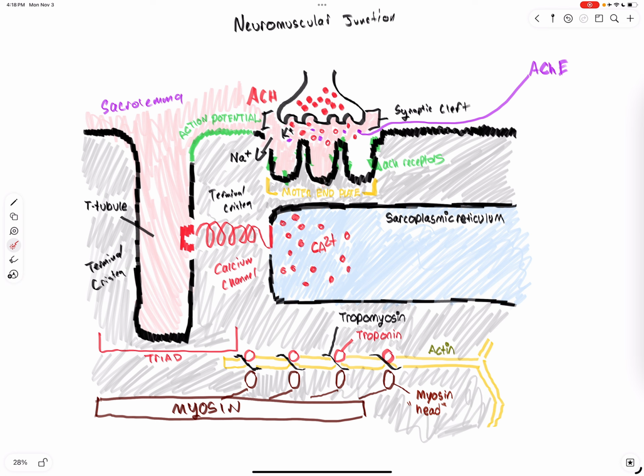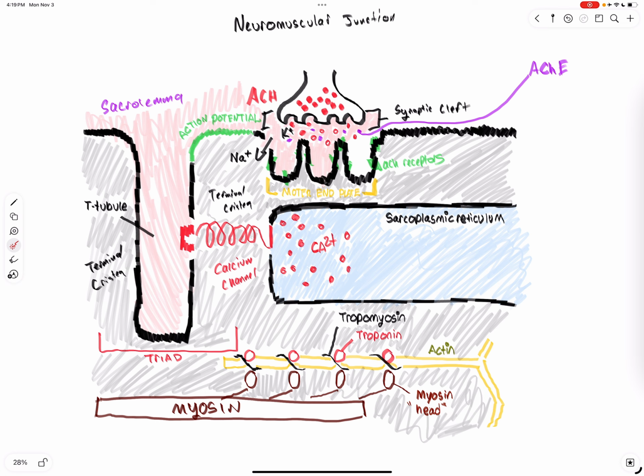When calcium binds to troponin, tropomyosin moves away, and myosin, the thick protein filament, attaches to actin, and this makes the muscle contract. When the signal stops, ACHE breaks down ACH in the synaptic cleft.